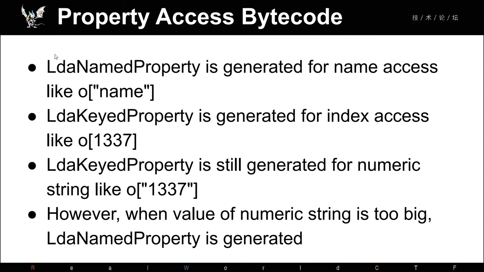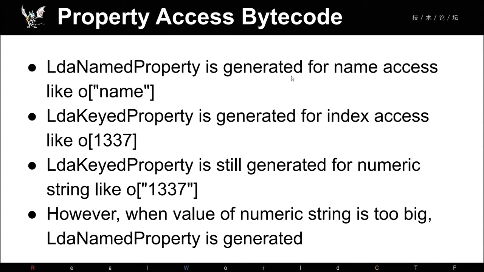Before we get into the actual vulnerability, let's look at some property access bytecode in V8, because this is a V8 interpreter bug, and it is related to these two kinds of property access bytecode. The first one is LdaNamedProperty.